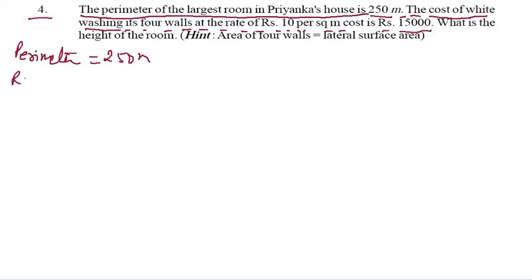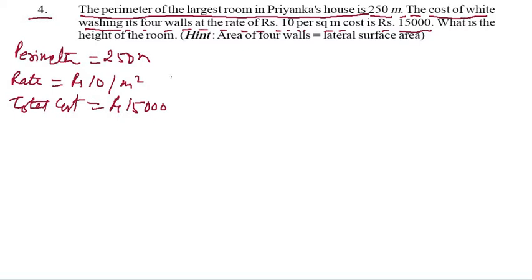So rate is given, it is rupees 10 per square meter, and the total cost is given as rupees 15,000. Now we can find the lateral surface area, or you can say the area of 4 walls.